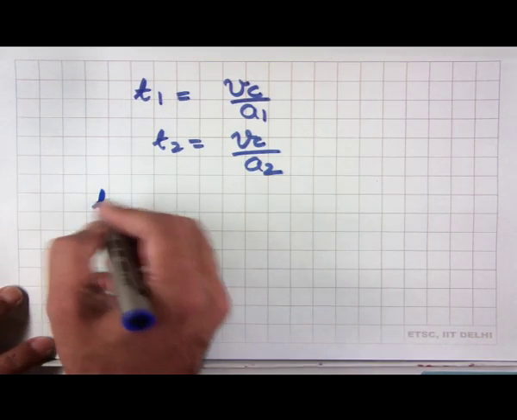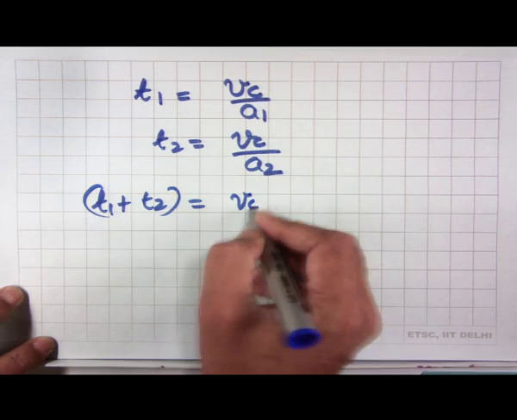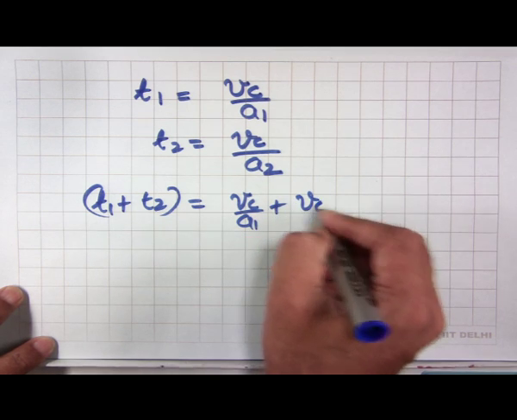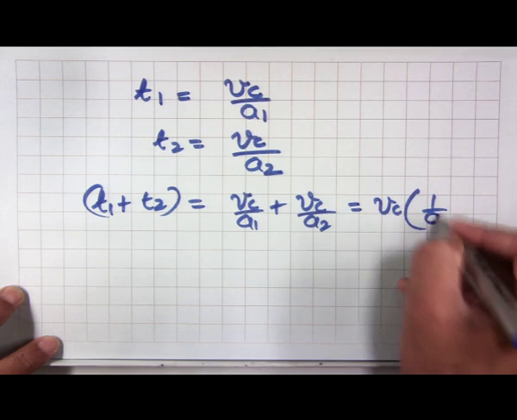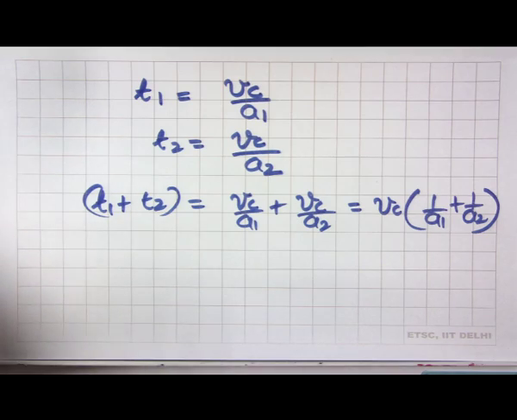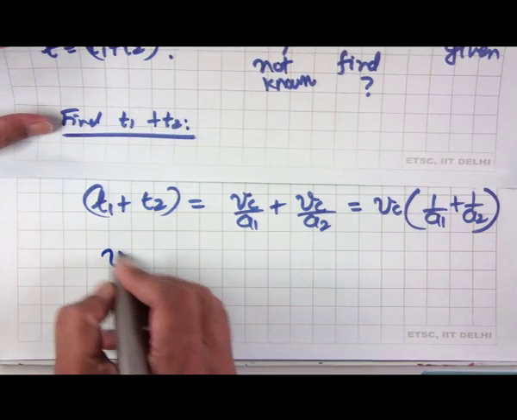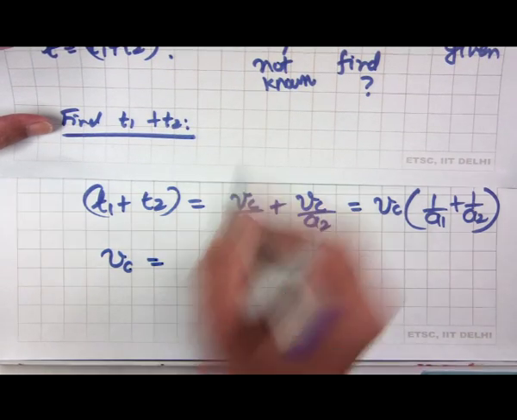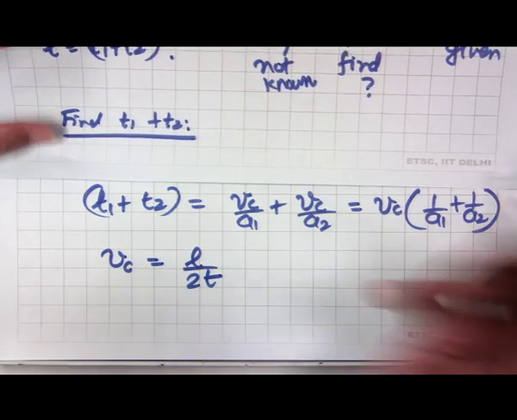So, from here T1 plus T2 is equal to Vc upon A1 plus Vc upon A2, which we can write as Vc into 1 over A1 plus 1 over A2. And now, we use the second relation which we have, that half Vc t is also equal to L, so Vc is equal to L divided by 2t. This we had got earlier.